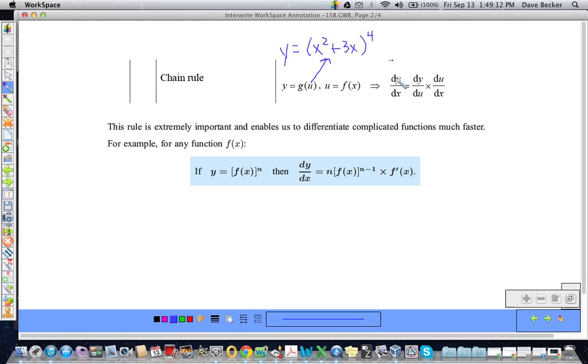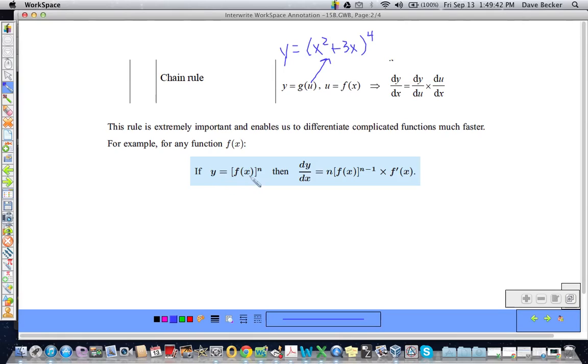Then to take the derivative with respect to x, we first take the derivative of the outside function, blah to the fourth power, and multiply that by the derivative of the inside function, the u, the derivative of x squared plus 3x. Okay? It's really important, obviously, when we have complicated functions like this one. Here's another way to look at it.